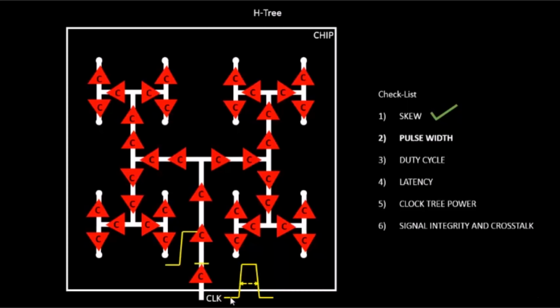For the pulse width, we will send this particular signal from the clock port and see what we get at the output of each clock port. What you get at the output of each clock port is a rising pulse whose transition time is not much degraded compared to the one we had at the input. The reason is pretty simple: these are bigger clock buffers, with the PMOS on resistance at least very similar to the NMOS on resistance.